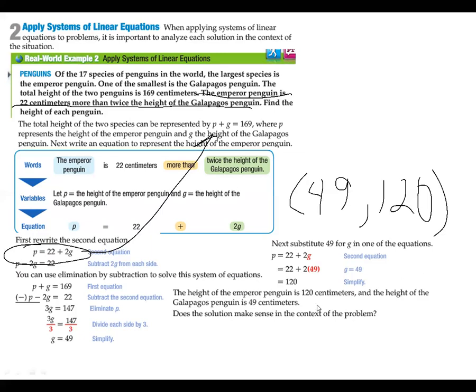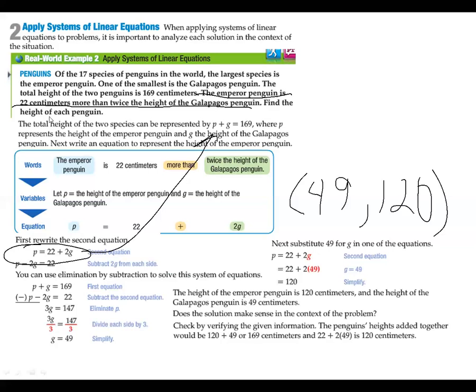Like you didn't get negative numbers, which for height just doesn't make sense. You can check to verify that. If you add these two together, you should get 169, and you do. And if I double 49 and add 22 to it, I should get 120, and I do.